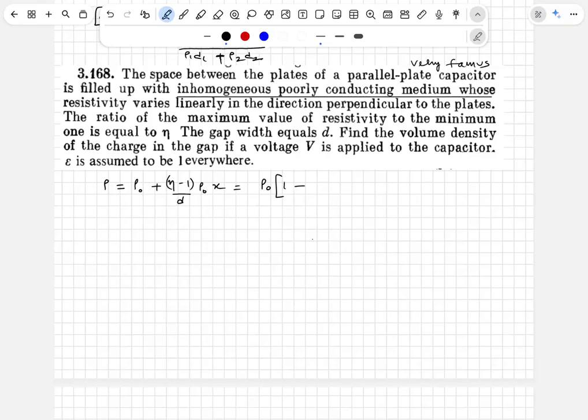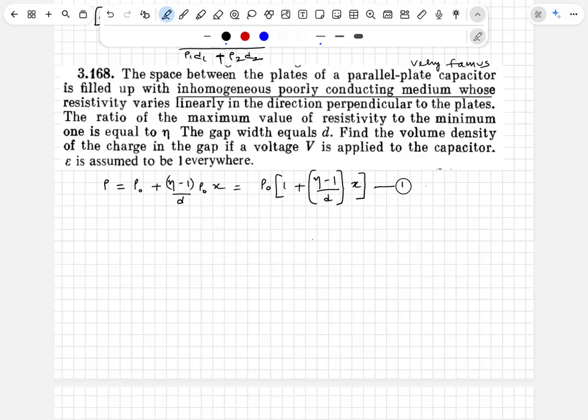Simply you can write this as resistivity.